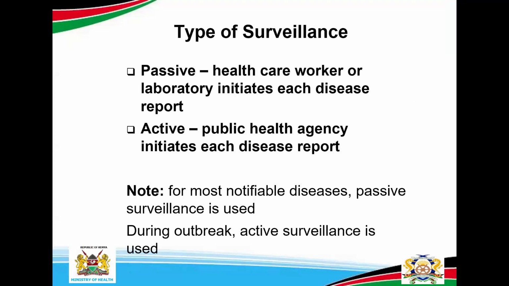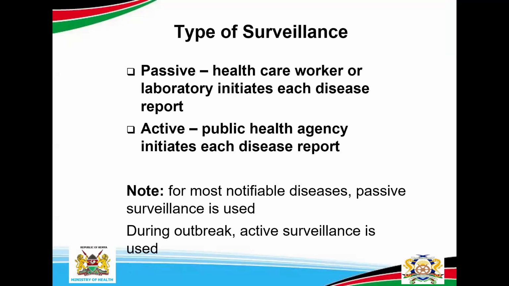So what are the types of surveillance that we have? The types of surveillance can be grouped as passive or active surveillance. When we talk of passive surveillance, it's whereby the healthcare worker or the lab department initiates each disease report.